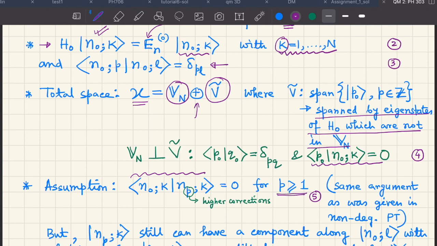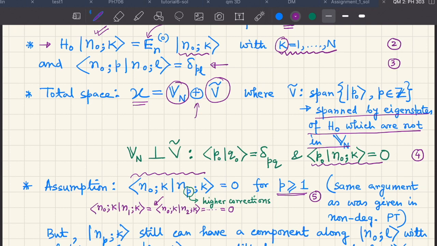For example, this will lead to the inner product of n naught k with n1k, or n naught k with n2k, all these kinds of inner products will be 0.